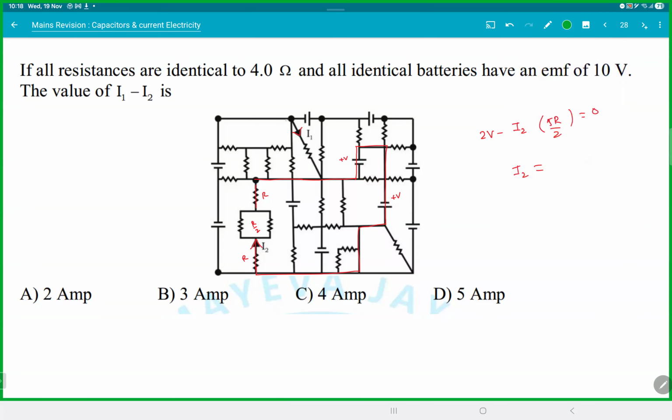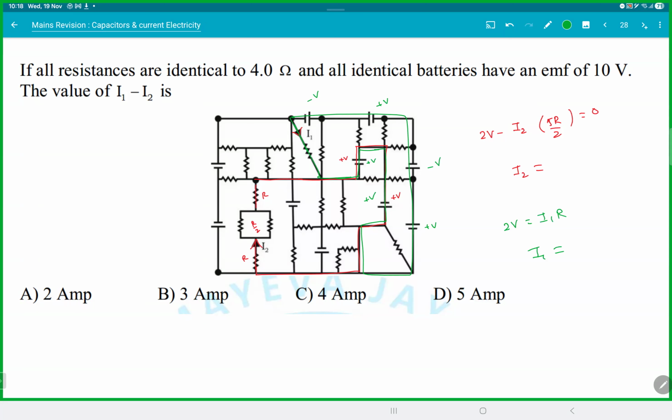Similarly for I1, go like this, follow the same path, but this time go this way. Or you can go this way also, it would have still worked. So for the green one, you have plus V, plus V, plus V, minus V, plus V, minus V. So that is also 2V only. You got I1 ka value.